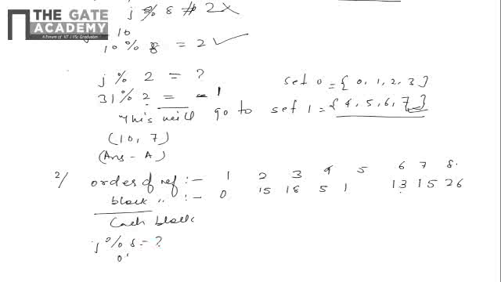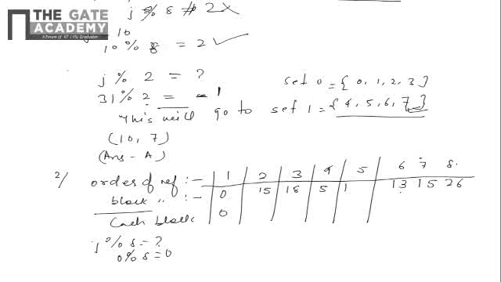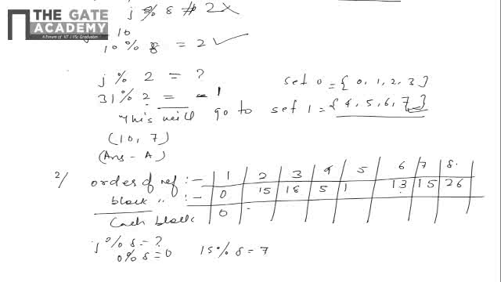So 0 modulus 8 will be 0. Similarly, 15 modulus 8 will be 7, the remainder is 7. 18 modulus 8 will be 2. Then 5, then 1. 13 modulus 8 will be 5, then 7 and 2. So these will be the final cache blocks.